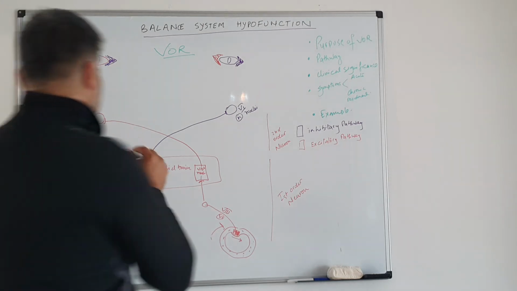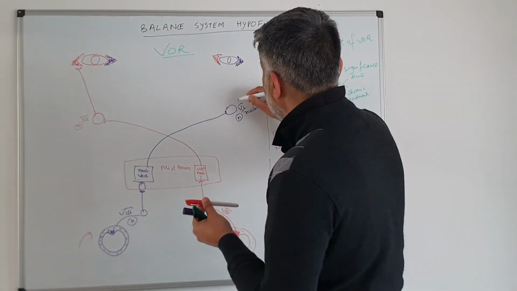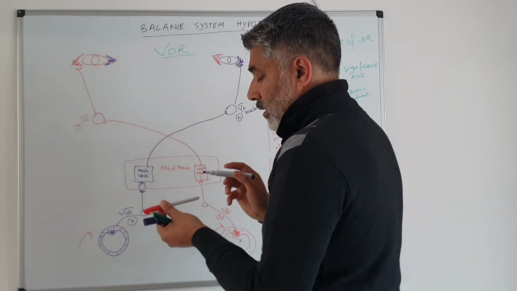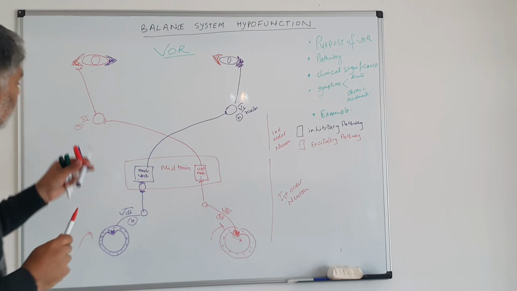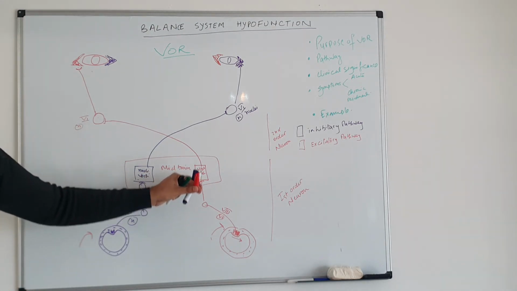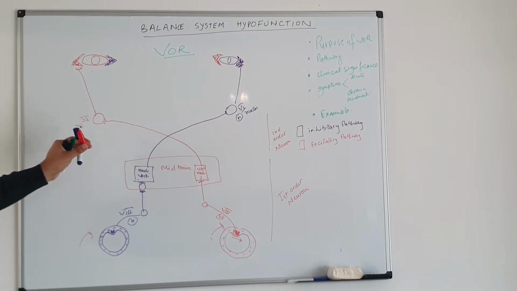So the second order neuron from your vestibular nuclei goes to the opposite side sixth nerve, which is your abducent nerve.